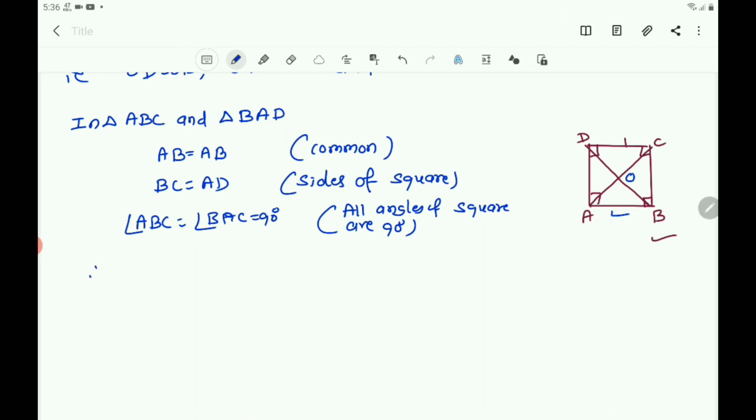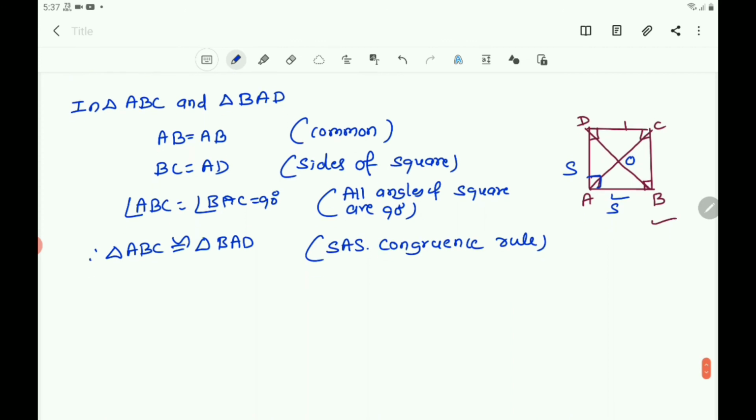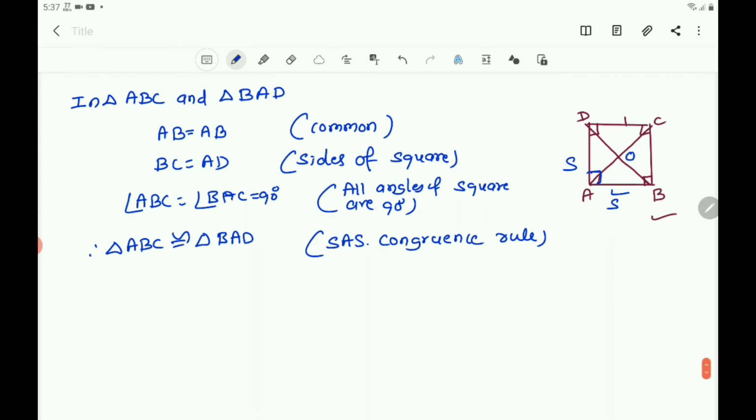So you write therefore triangle ABC is congruent to triangle BAD according to which congruence rule? You know that S is side, this is also side, and the angle made by them, that is the SAS congruence rule. According to the SAS congruence rule, you got that triangle ABC is congruent to triangle BAD.